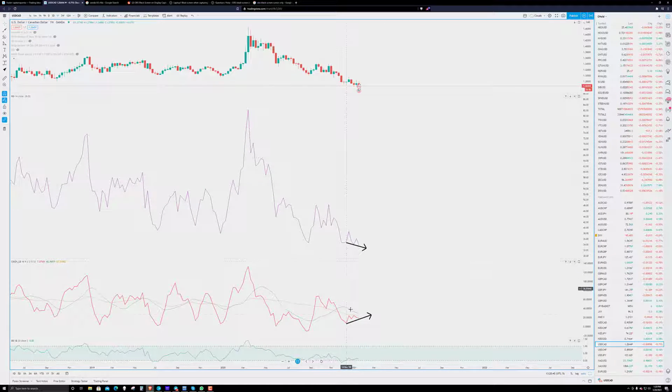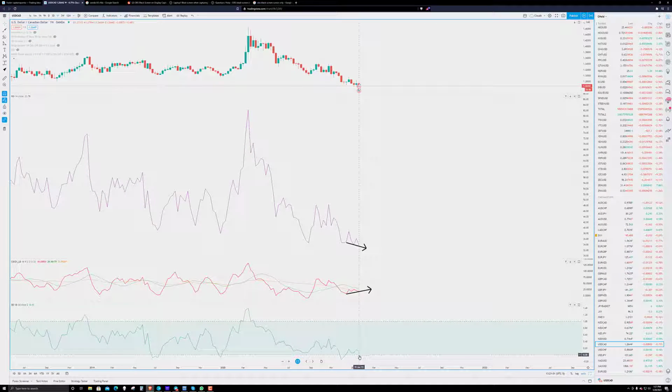But if we do move south, if we create a newer low in the RSI on the weekly chart, and we see the composite index break down below this trough, and we see the percent B cross down below 0.8 and 0.2. Well, it's actually been down below 0.2 for a while. Never mind.